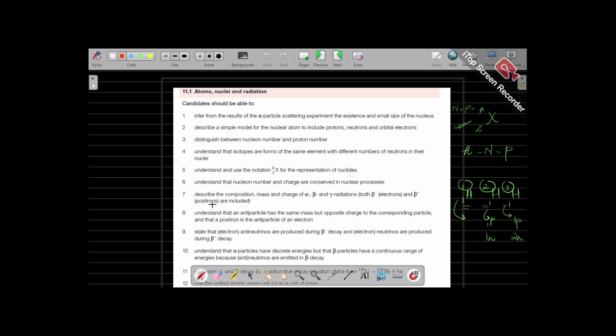We have discussed their composition, their mass, their charge. Understand that an antiparticle has the same mass but opposite charge to the corresponding particle, and that a positron is the antiparticle of an electron. That we have agreed upon.